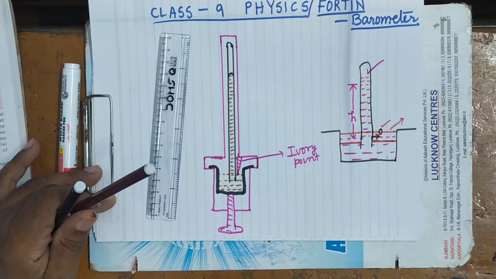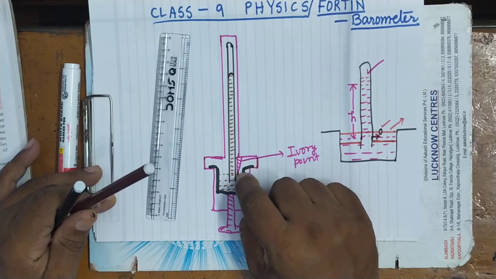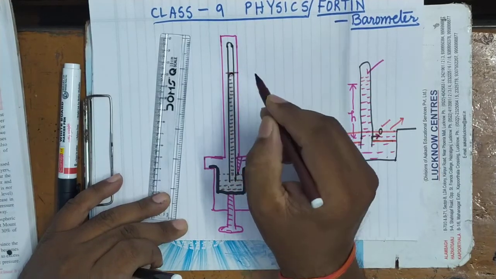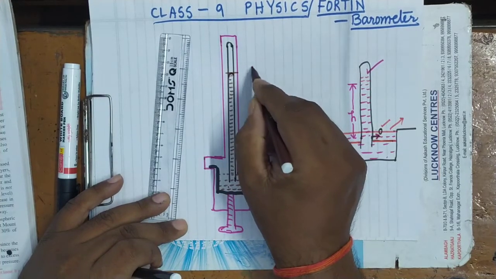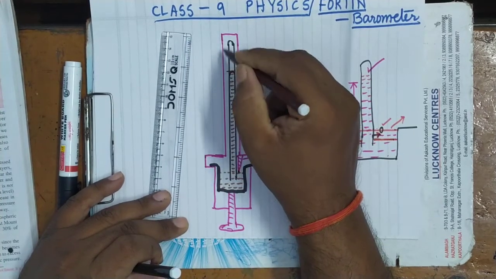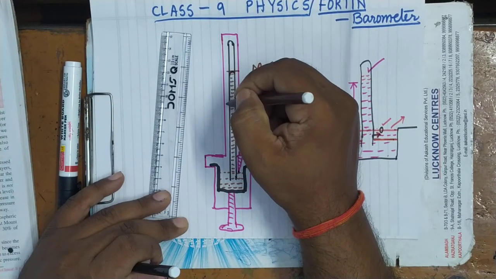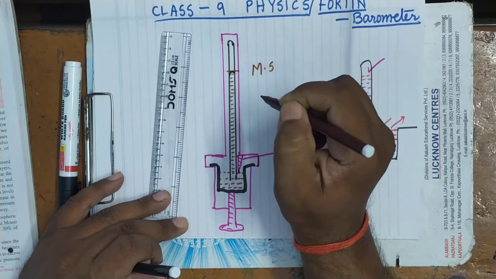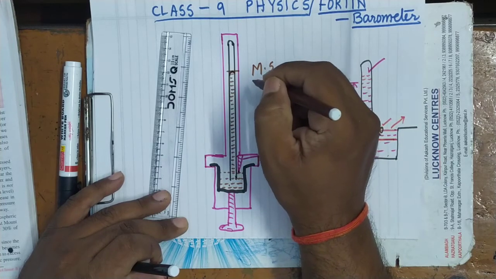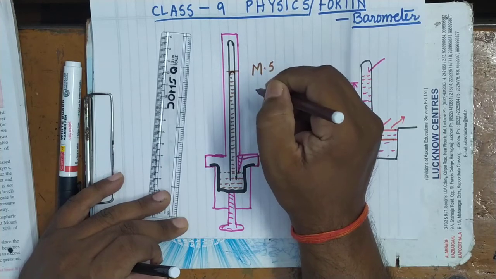It's clear? When the level coincides with the tip, you can record this level, this position, with the help of the main scale, which is graduated here on the surface of this cylindrical tube, as well as the circular vernier scale.